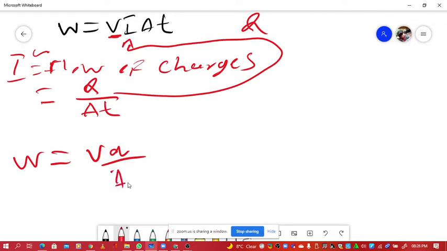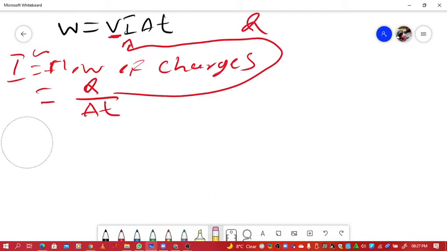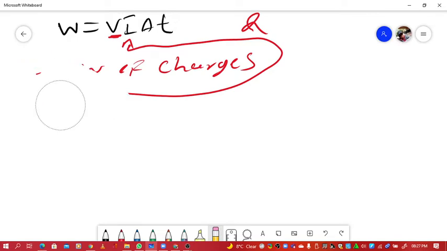Then delta T times this delta T. This is Q. Then there's another method again, also using the formula sheet.